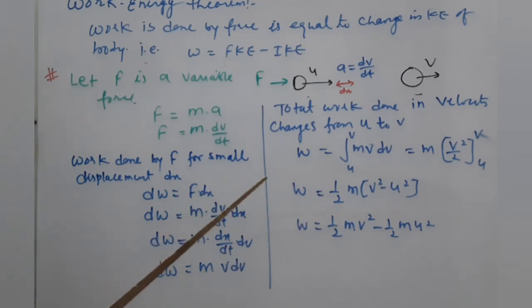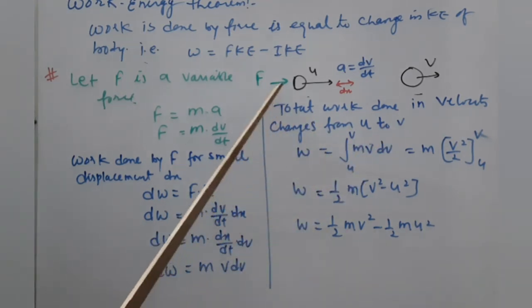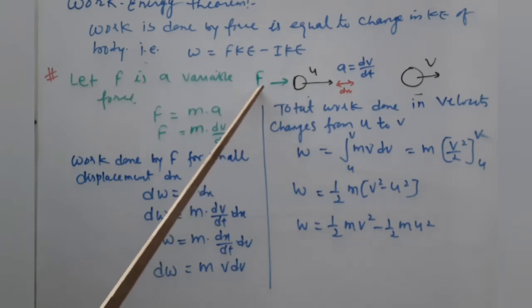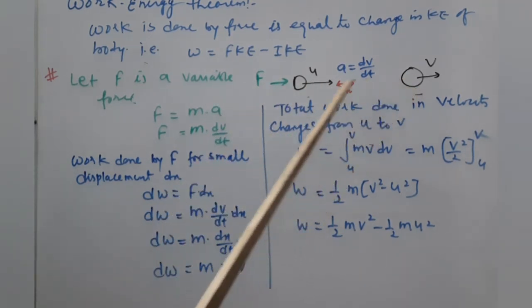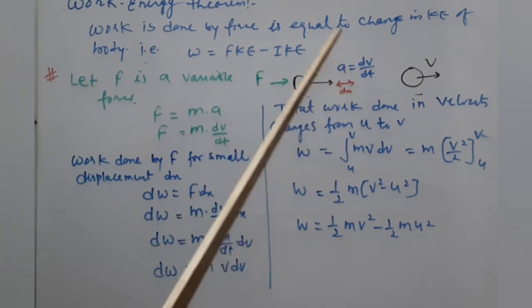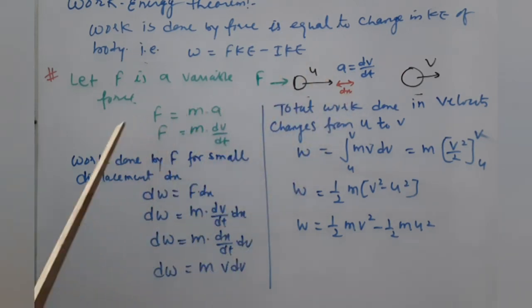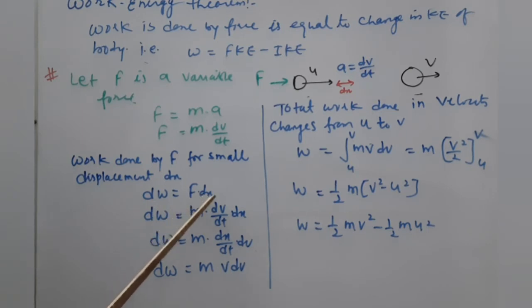Suppose a body of mass m is moving with initial velocity u, and due to application of this variable force its velocity becomes v. Keep in mind force is variable, that is why acceleration is variable, and for a small displacement dx work done is dW is equal to F dx.